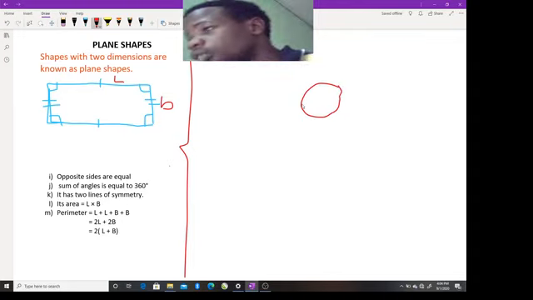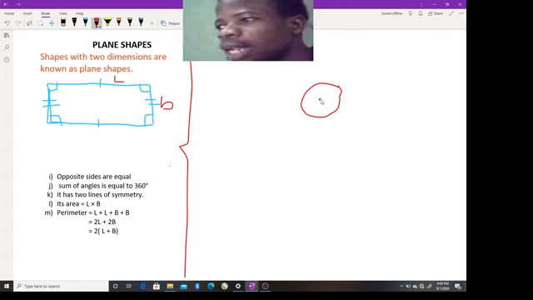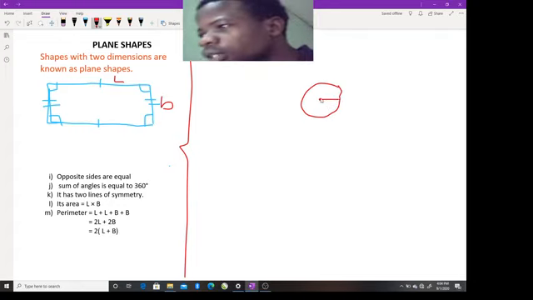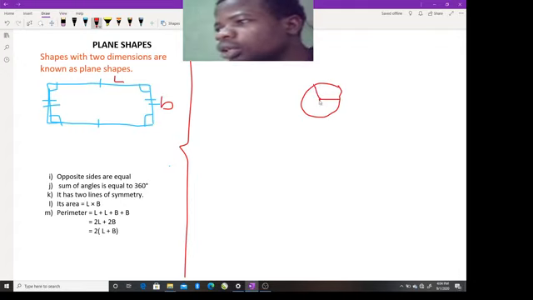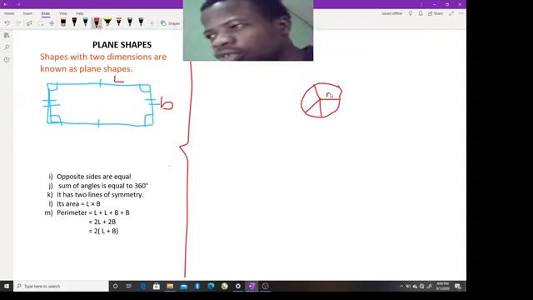Let's say from the center, the whole part of this circle is known as the circumference. So any line that is drawn from the center to the circumference, either to this point or to this point, or from here to this point, any line drawn from the center of the circle to any part of the circumference is known as the radius, irrespective of which side of the circumference it is drawn to.